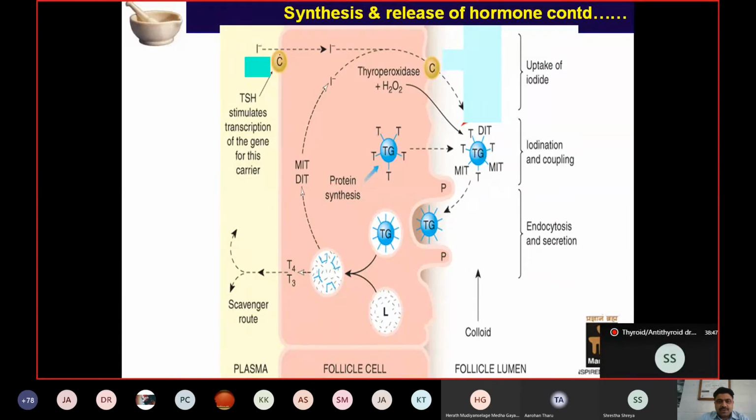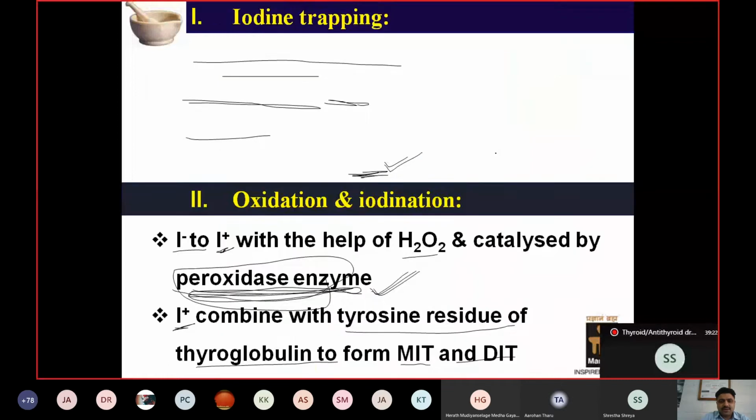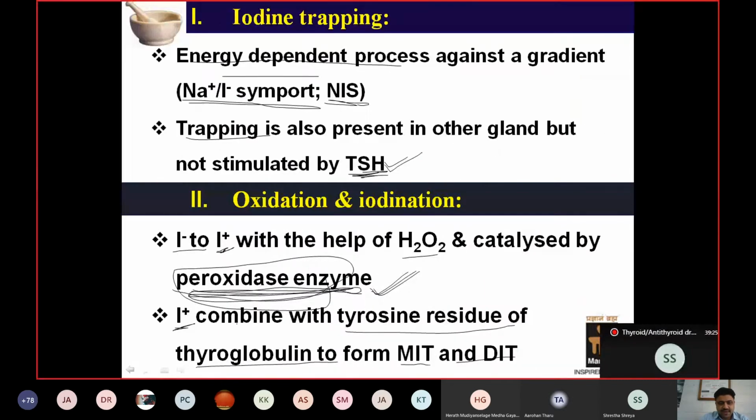The NIS, sodium iodide symporter, will bring iodide inside, and it is oxidized. That oxidized iodine, I plus, will cause iodination of the tyrosine residue to form MIT and DIT. All of this happens in thyroglobulin only. So thyroglobulin forms MIT and DIT.